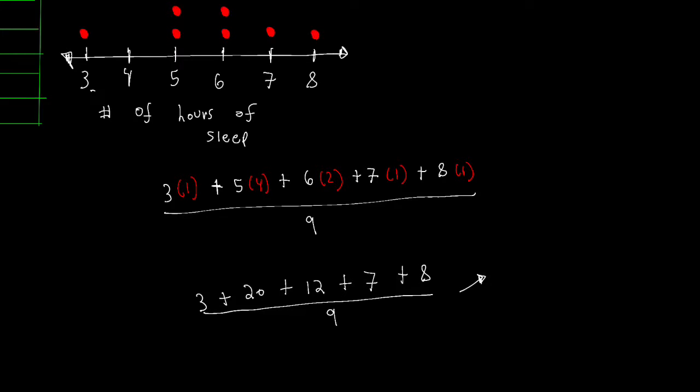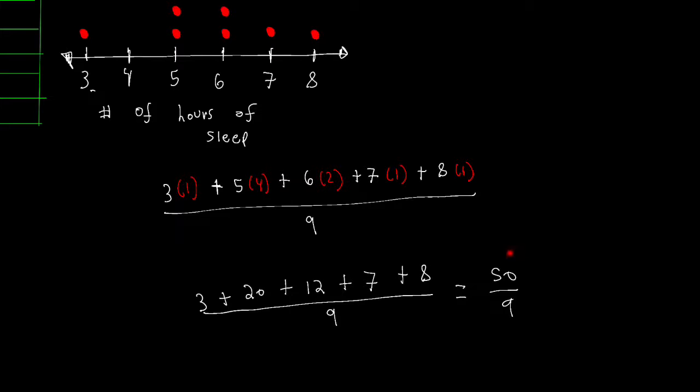So let's go ahead and calculate the numerator here. And here I'm getting a total of 50, and we're dividing this by 9. And for this part here, I encourage you to do it freehand, since here it's actually not that bad. But again, if you need to use a calculator, just plug them in. I'll let you be the judge of that.